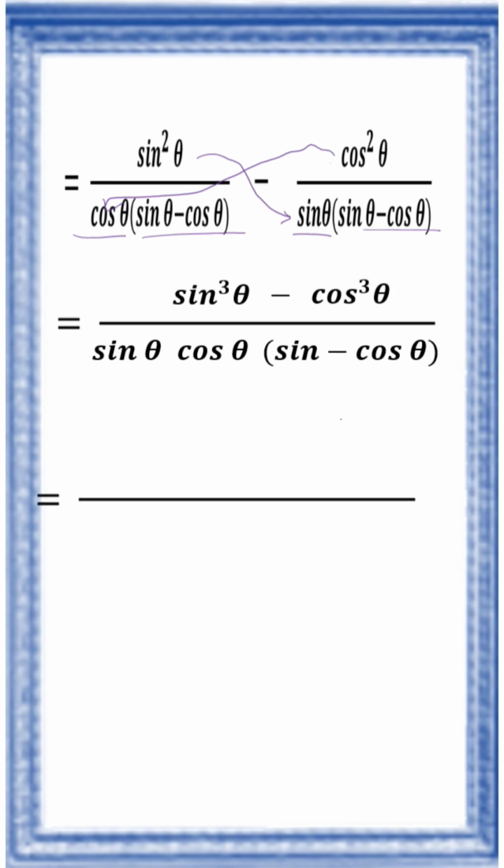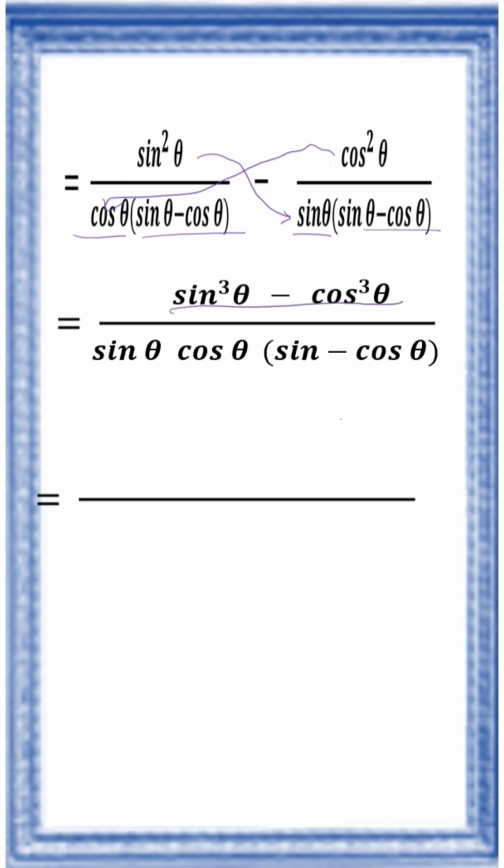So in the numerator sin cube theta, because LCM, here in the numerator cos square theta into cos theta, that is minus cos cube theta, that is equal to, here we can use a cube minus b cube formula.